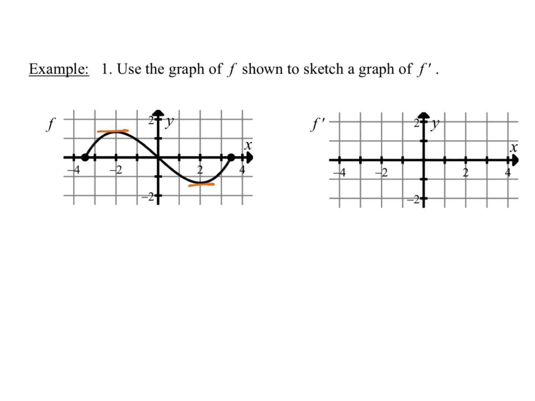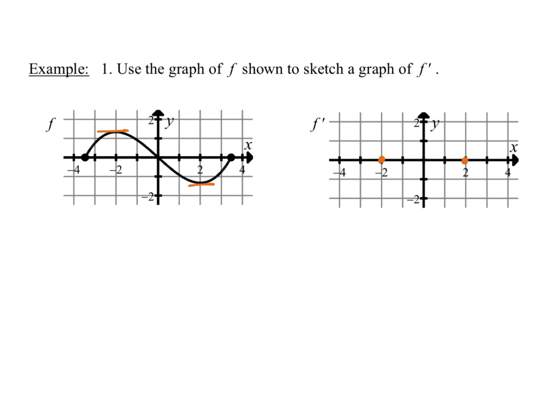What is the slope of a horizontal line? 0. So what that tells me right away is that when x is negative 2 and x is 2, the slope is 0.